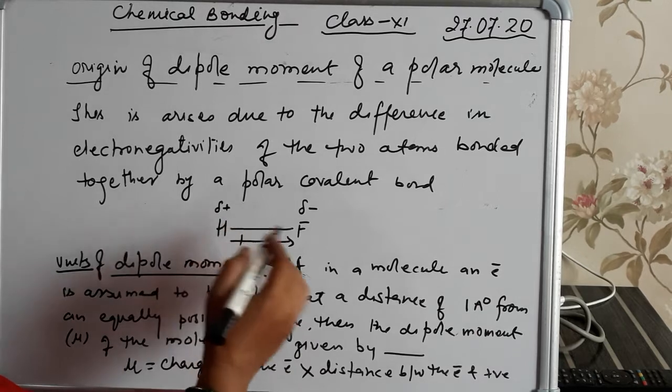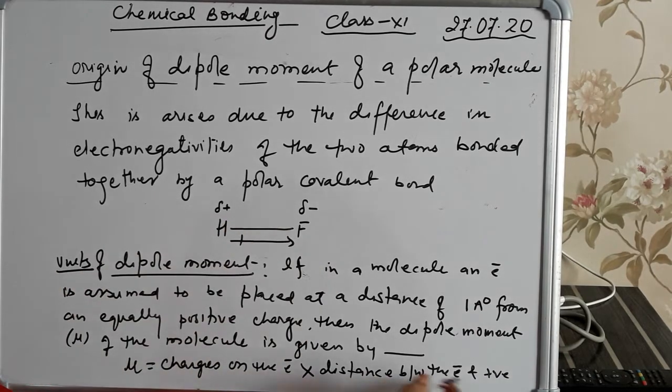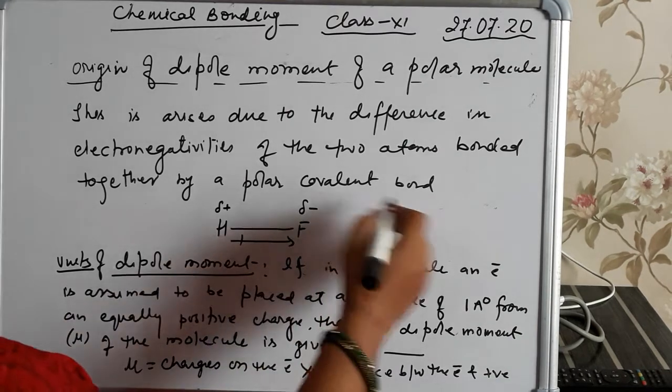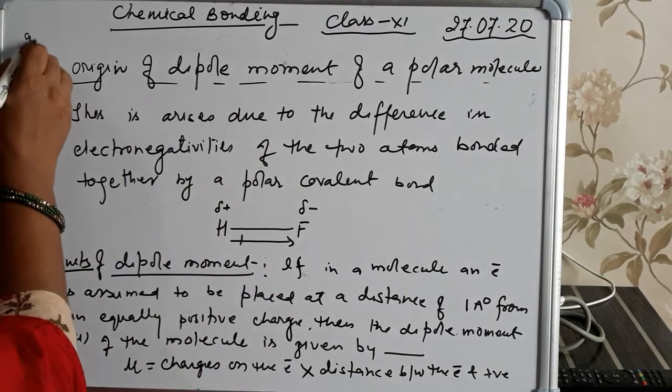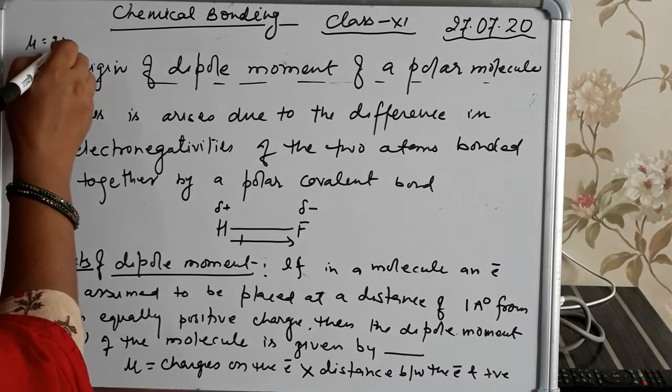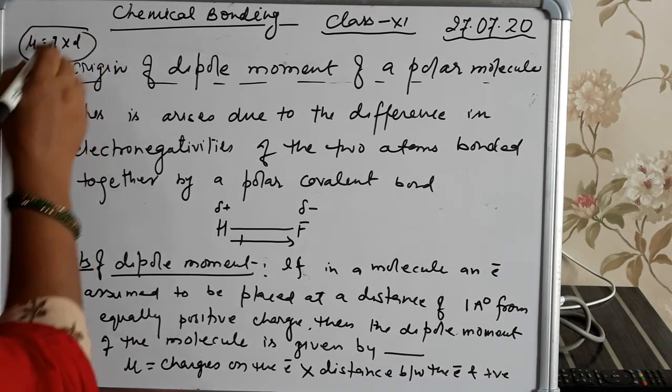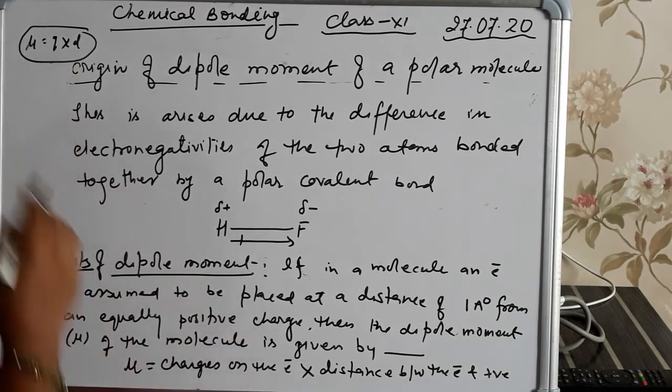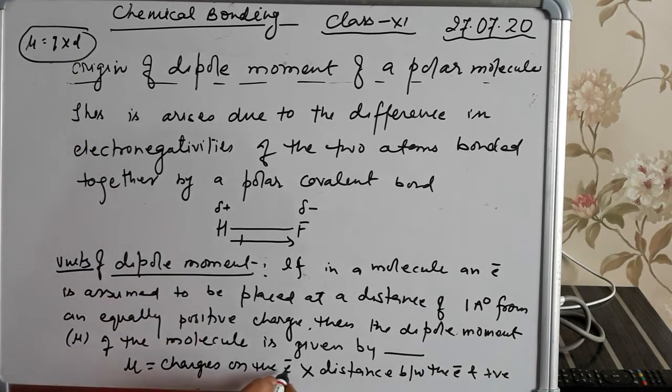We know that mu equal to q into d. So q represents the charge on the electrons, and d represents the distance between the two poles, that is negative and positive.